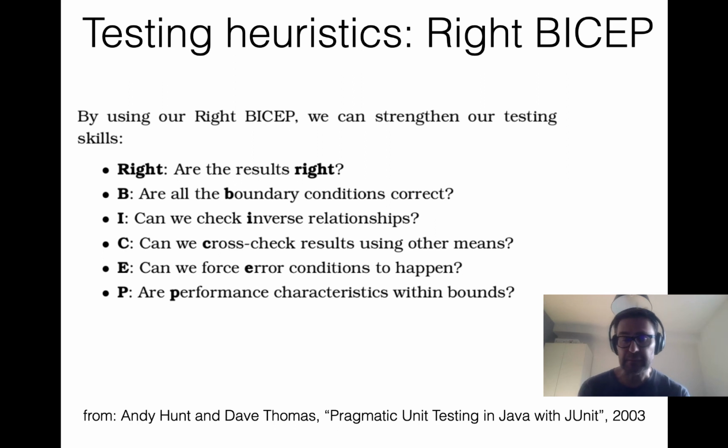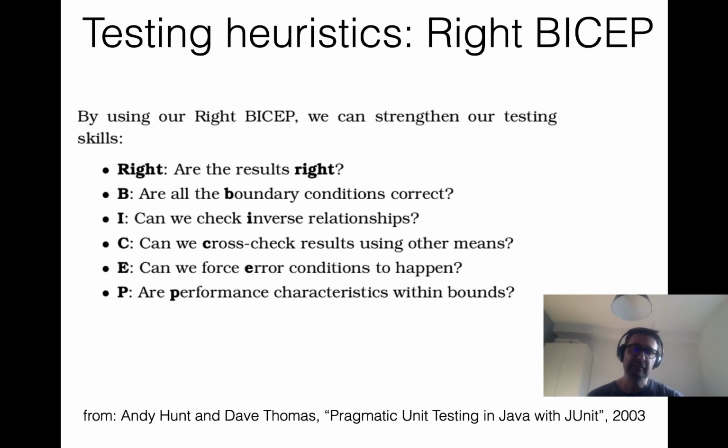It comes from Andy Hunt and Dave Thomas' great book, a classic called Pragmatic Unit Testing. And it's available for many languages. So this is a very practical and hands-on book to help you become a better tester. And they give this right bicep as a sort of high-level heuristics for how you create good test cases.